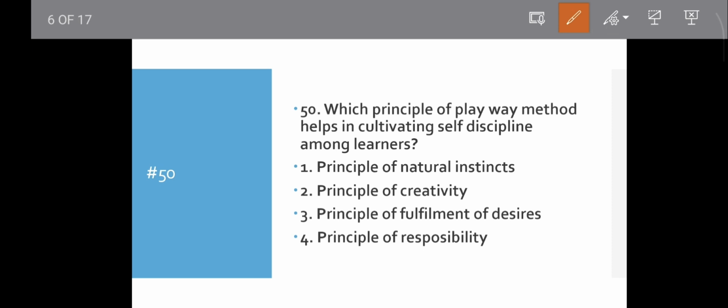Playway methods help in cultivating self-discipline. Self-discipline develops when children take responsibility, follow rules and voluntarily work cooperatively. So the principle of responsibility will be the suitable option for this statement. Move to the next question.